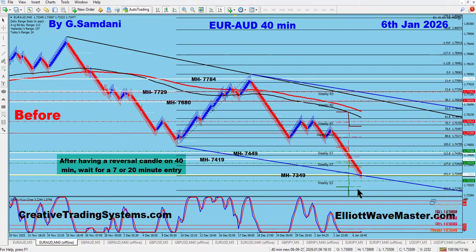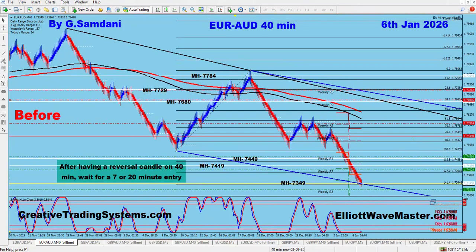So if Aussie gets strong, we might drop to this level and then maybe bounce later on, for retracement. Or if the Aussie gets weaker, then 73.49 must hold, and then we must have a reversal candle here, and then look for entry for long. That's what I'm expecting. That's what I will be looking for. If it drops, I'm going to let it go and wait until it reaches 161 and then try to go long.